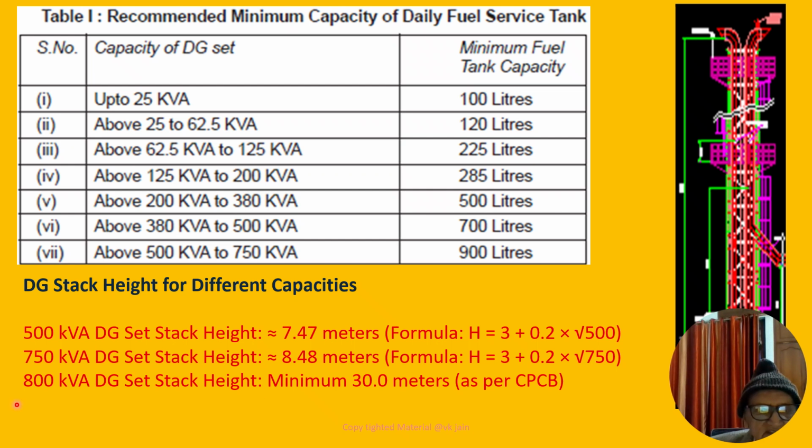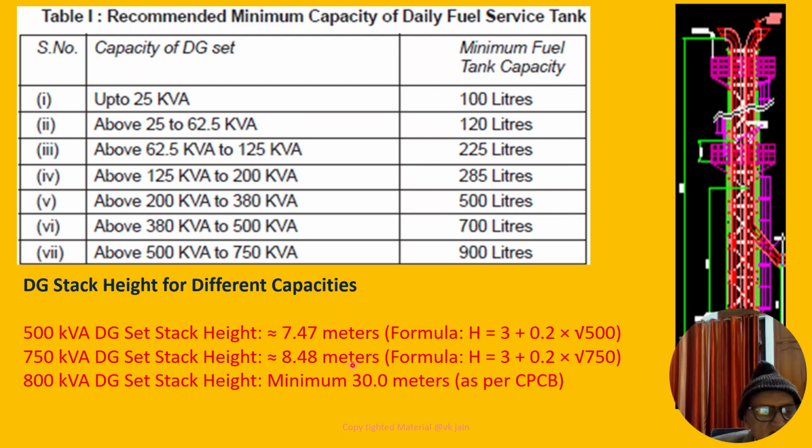This height can be calculated with a formula: H equal to 3 plus 0.2 multiplied by under root of kVA capacity. So in case of 500 kVA, it comes approximately 7.47 meters, and for 750 kVA, it is 8.48 meters.